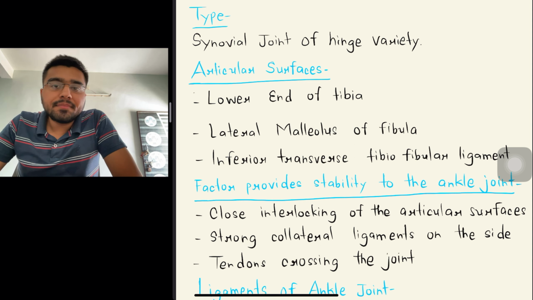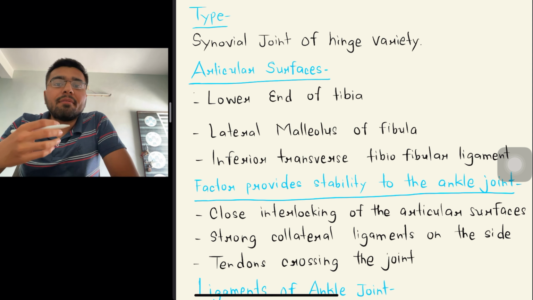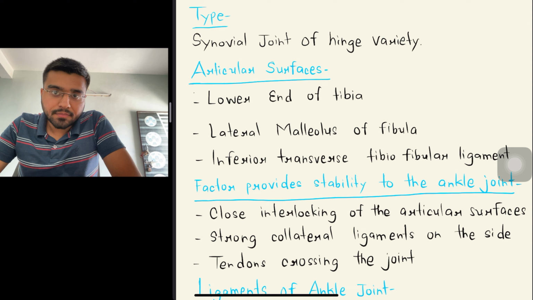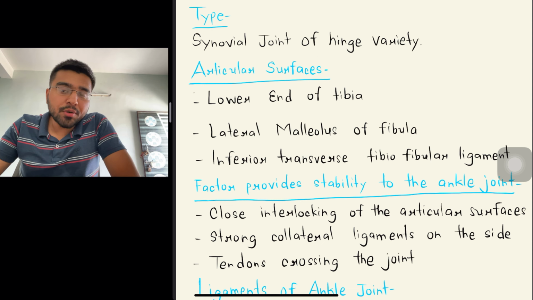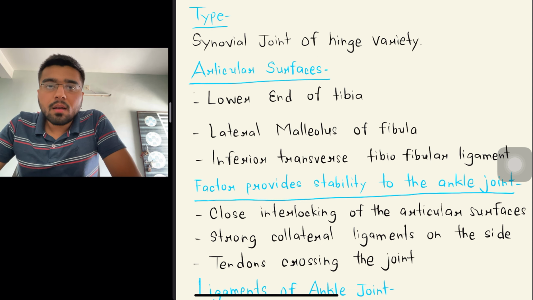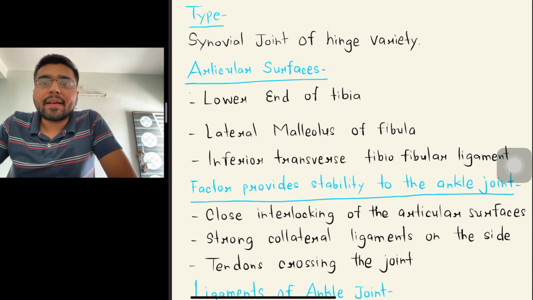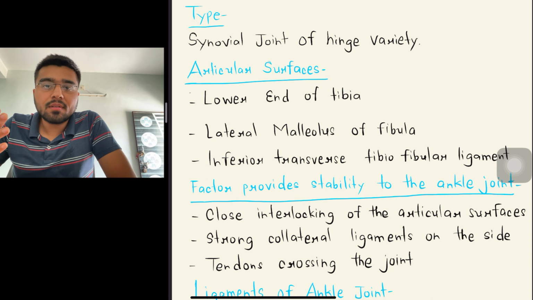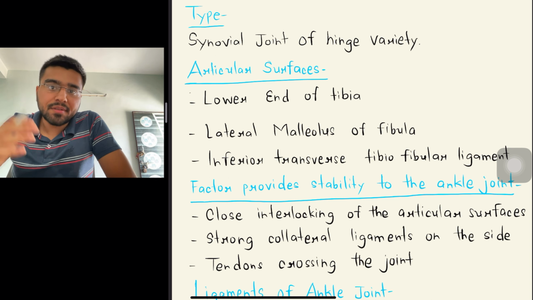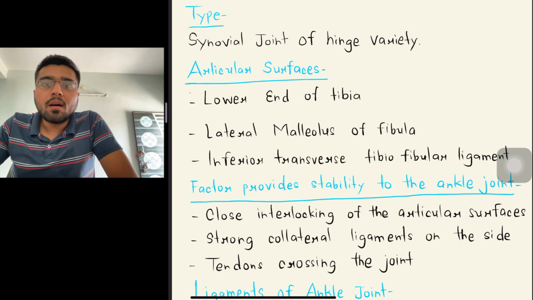For example, the elbow joint can perform movements like flexion and extension. Instead, the shoulder joint performs a wide variety of actions like external rotation, medial rotation, flexion and extension, a wide variety of movements that are possible by the shoulder joint.